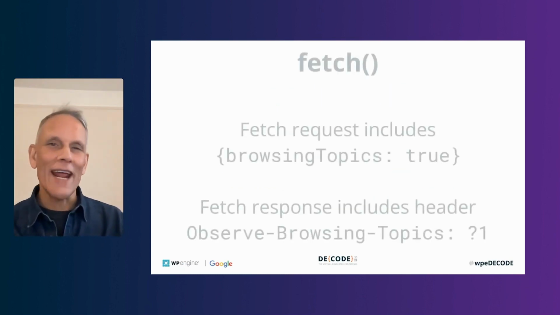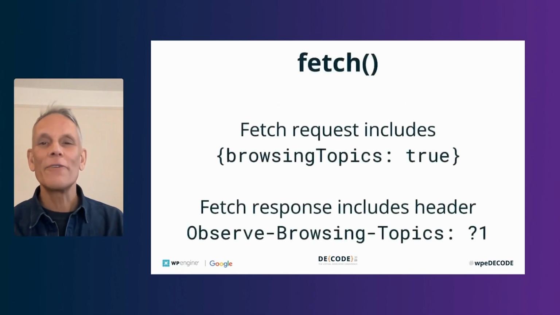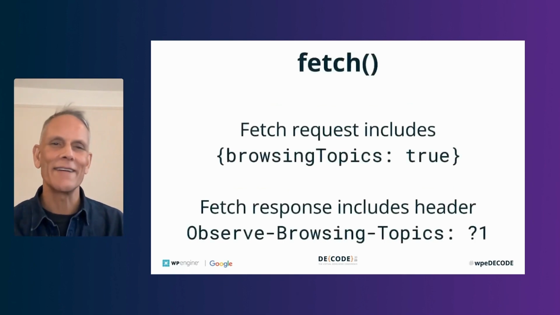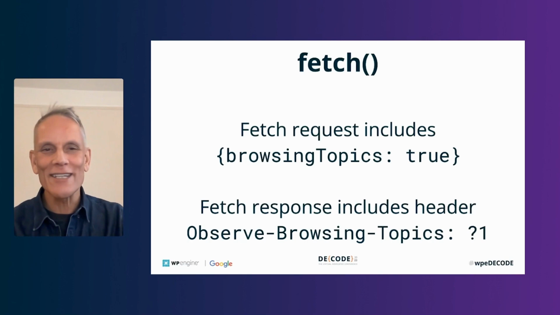The other way to observe and access topics is to use fetch, request, and response headers. First, the API caller needs to make a fetch request to a URL on its origin, including the browsingTopics: true object in the options parameter.